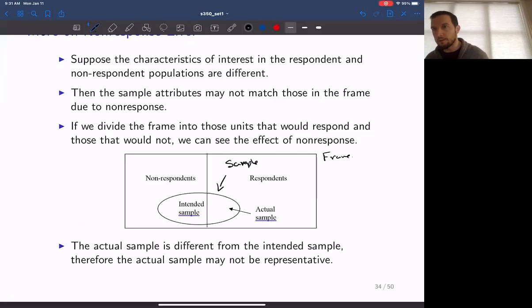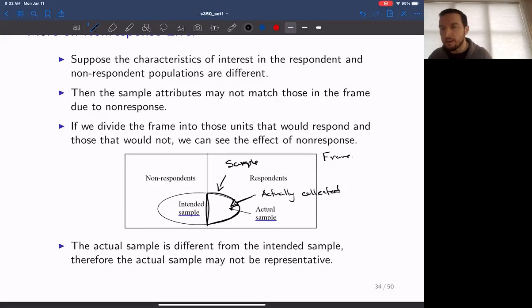With non-response, what ends up happening is that you divide the sample itself into two parts. The part where you have useful information, and that's what actual sample is pointing towards. This is what we actually got, just this part here.